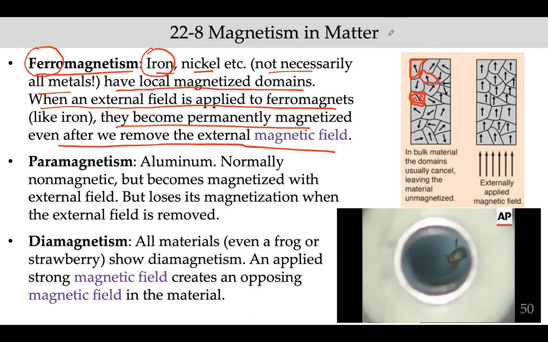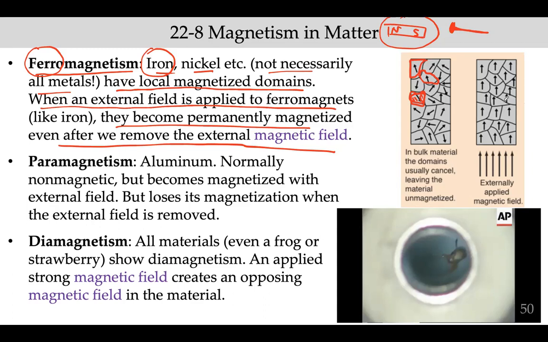Let's say you have a bar magnet and a piece of nail, which is iron. When you touch the nail with the bar magnet, these domains will now point in the same direction because of the external magnetic field of the bar magnet.